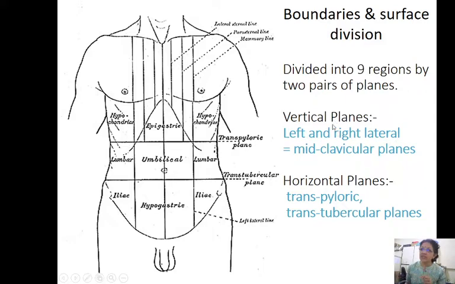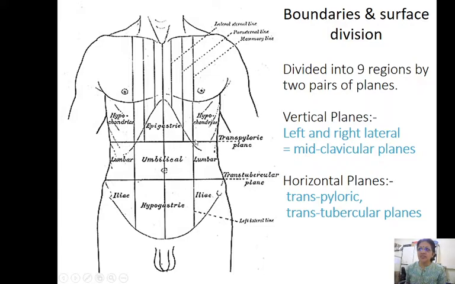The 2 vertical planes are the left and right lateral planes. Mid-clavicle, you can see the clavicle, take the midpoint and just drop a vertical from there. It comes all the way and seems to cut the mid-inguinal point. So the midpoint of the line joining the anterior superior iliac spine and the pubic symphysis, and the midpoint of the clavicle are in a straight line, more or less. So this becomes the right lateral plane. This becomes the left lateral plane, or the left and right mid-clavicular planes.